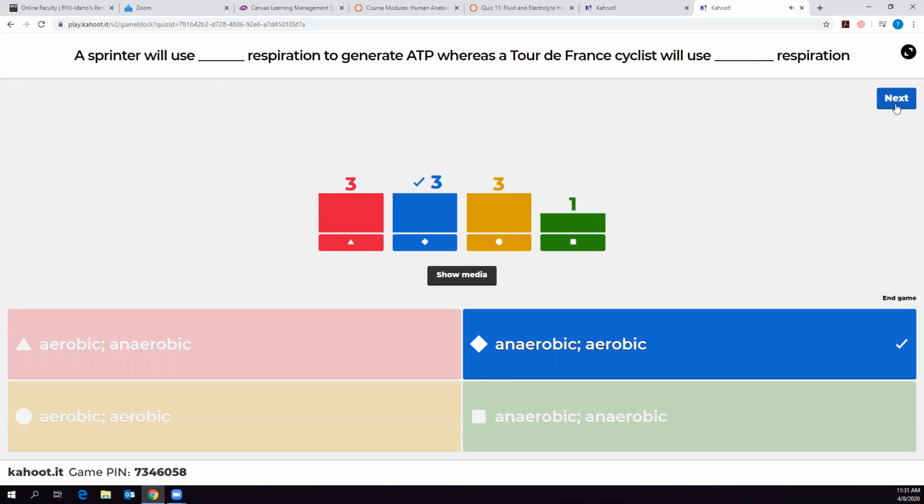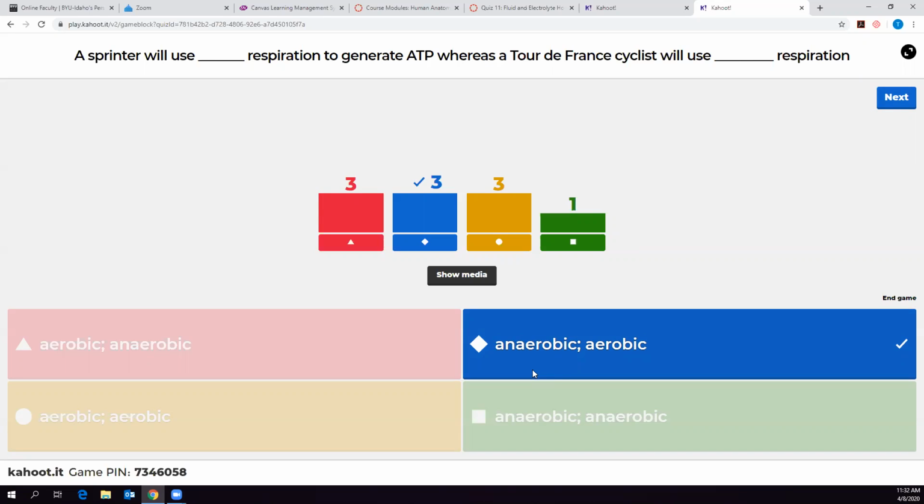All right, so sprinters. We need ATP right now. I can't wait around for my mitochondria to make it. I need it right now. So I'm going to do anaerobic respiration. That's why you breathe so heavy at the end, because you use whatever was available to you and you made lots and lots of hydrogen ions and you got to get rid of them because you're doing anaerobic respiration.